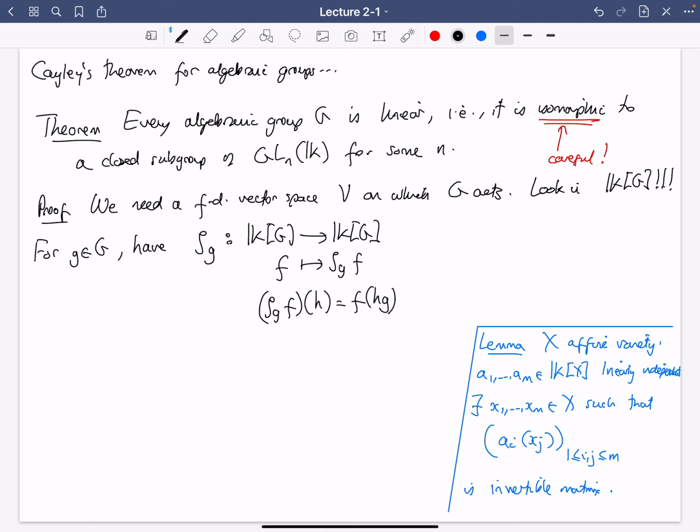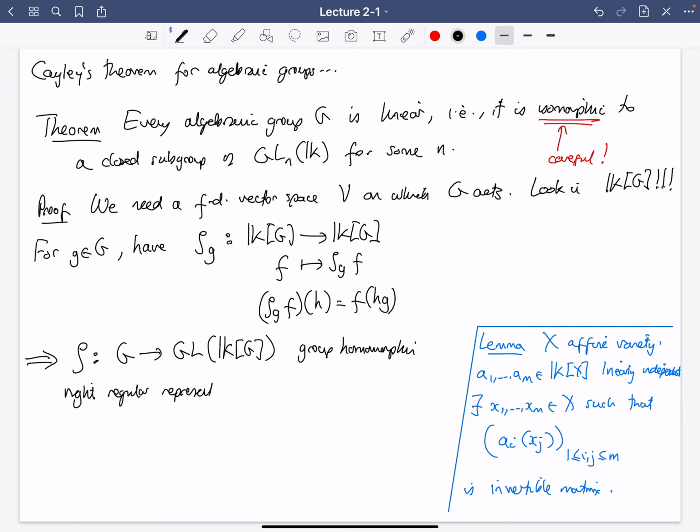And you see why it's called right translation, because I multiplied on the right by g. And so from this you get this thing called rho, from G to the general linear group of automorphisms of the vector space K[G]. So this is a group homomorphism. This is the right regular representation of G.